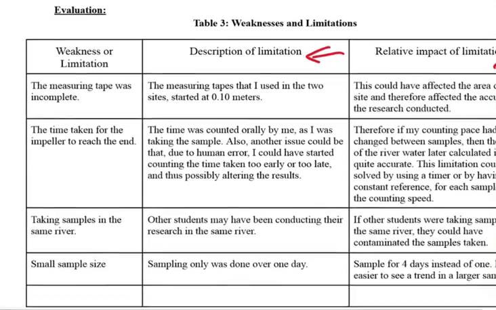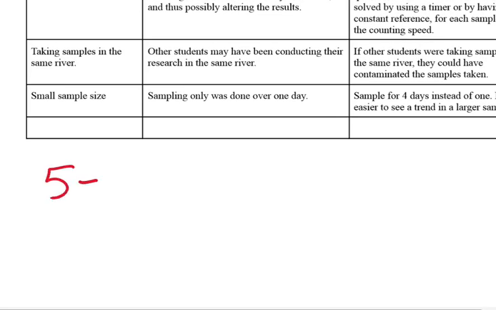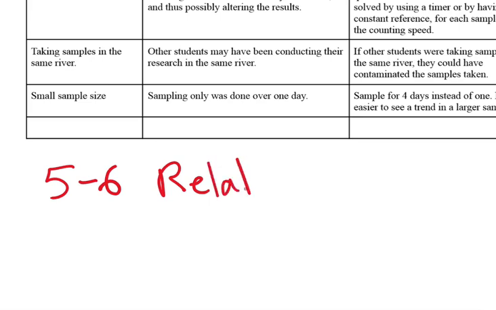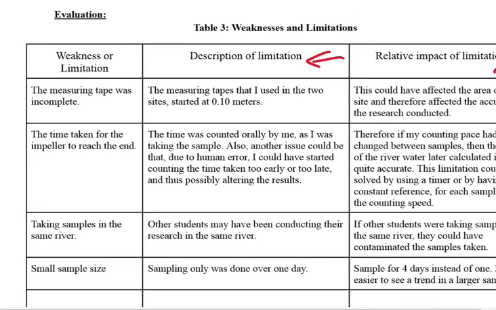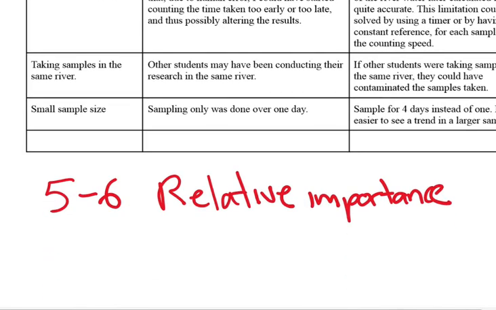or 50% of the marks. The last thing you need for the first strand to get to the very top, 5 to 6, is some sort of way of telling us the relative importance of the things that you have listed here. Now, whether you have in the title, Table 3, we arranged from most to least significant, or you have sentences down here, this one and this one were really significant and affected the results.